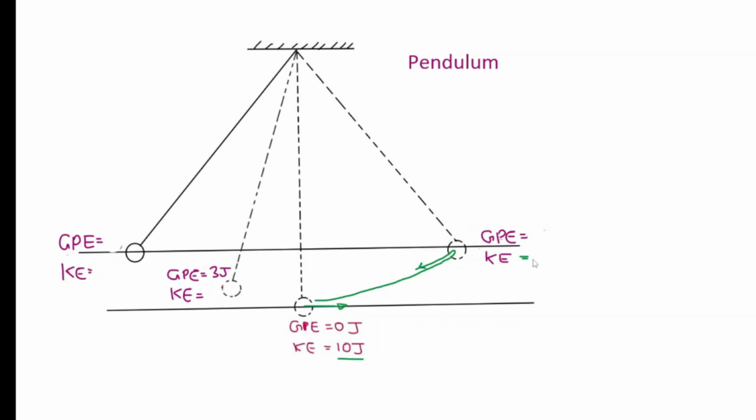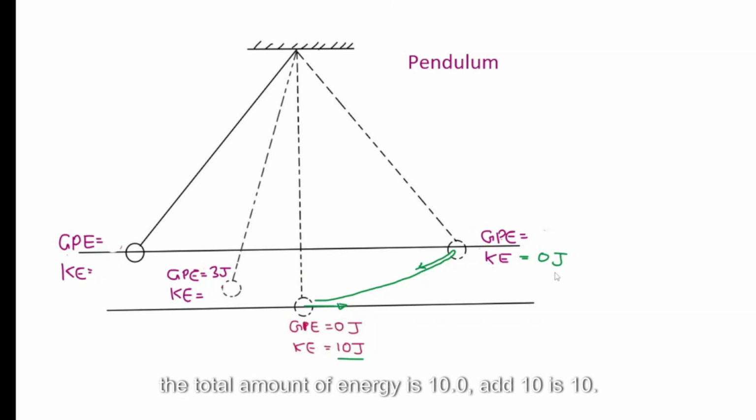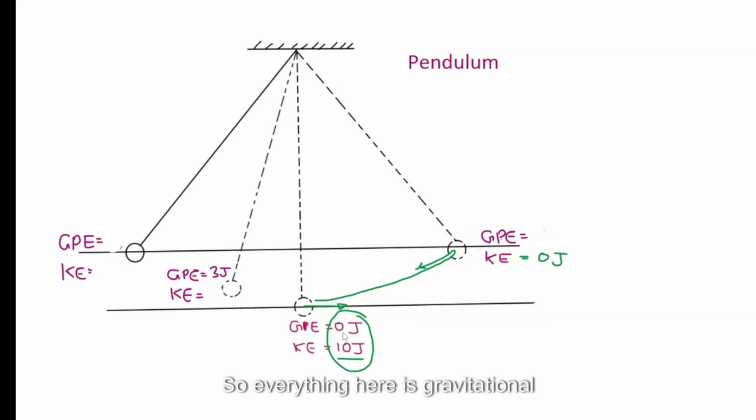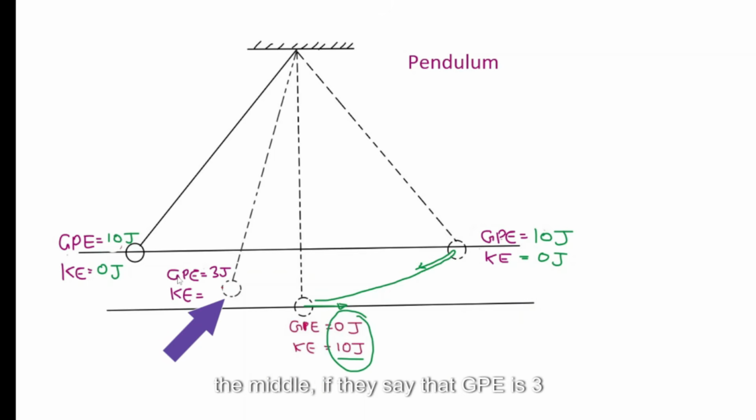However, the total amount of energy is 10. 0 add 10 is 10. So everything here is gravitational potential energy. Same thing here, GPE is 10 joules, kinetic energy is 0 joules. Now, in a position like this, somewhere in the middle, if they say that GPE is 3 joules, what is the kinetic energy? Remember, the total must be 10.